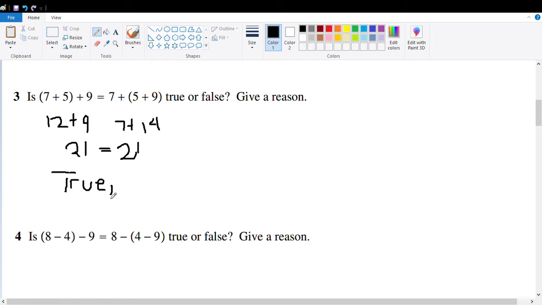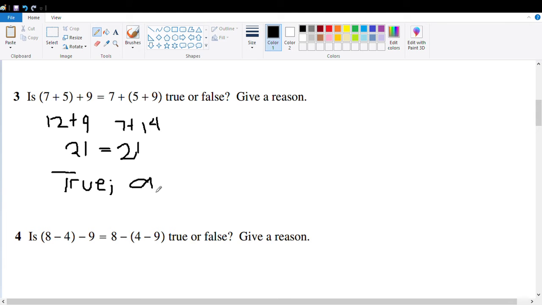But if we just show this part and you say true, you won't get the credit because this is not a reason why it's true. The reason we're going to give is why are we able to move the parentheses, the grouping, from 7 and 5 to 5 and 9? Why are we able to do that? Well, it's because of what property of addition? Associative.